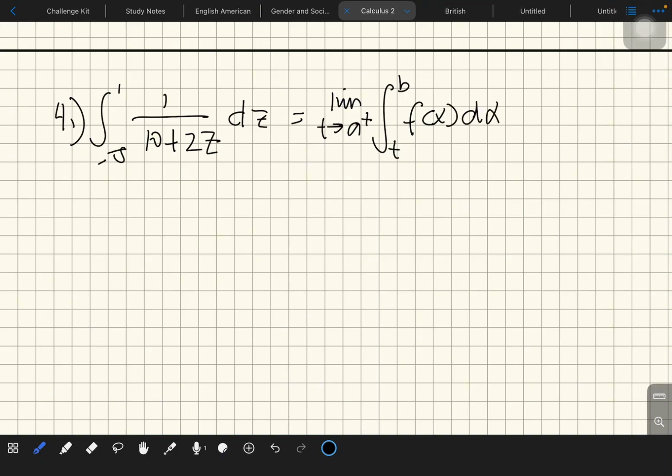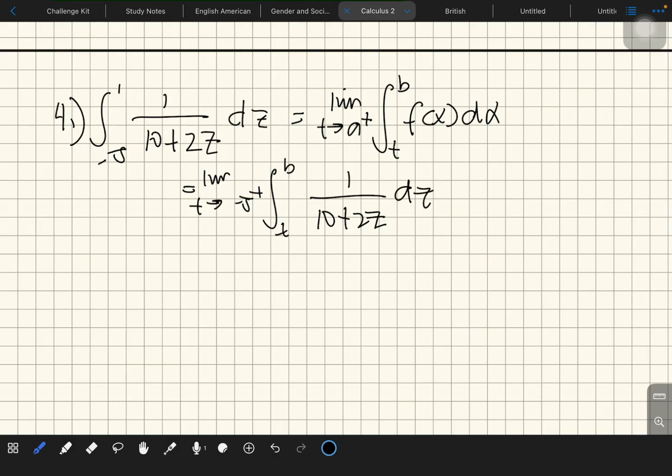So now we have the limit where t approaches, what's the value of our a? It's negative 5, from the right, integral where the value of our b is 1, from t to 1, copy the equation, 1 over 10 plus 2z dz.